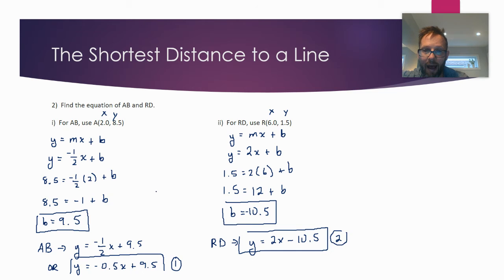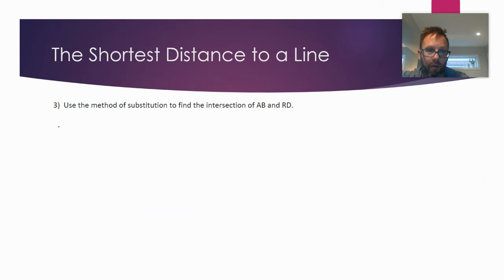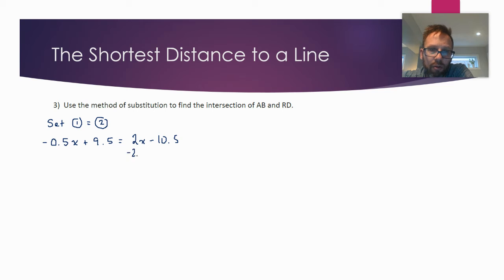Now you guys have those equations on your sheet, so I'm not going to rewrite them on my slide here, but I'm just setting those two equations equal, like we always do when we are finding the point of intersection, and it's in both lines or in y equals mx plus b form. Negative 0.5x plus 9.5 equals 2x minus 10.5. This equation, not too onerous for us to solve.